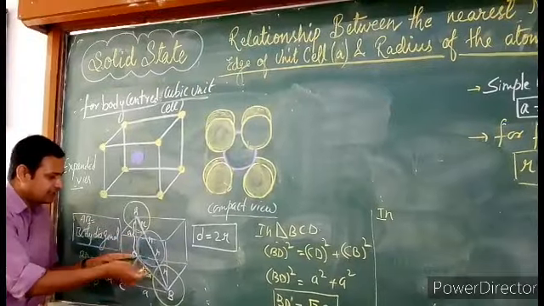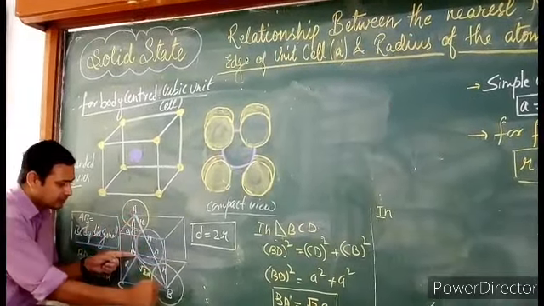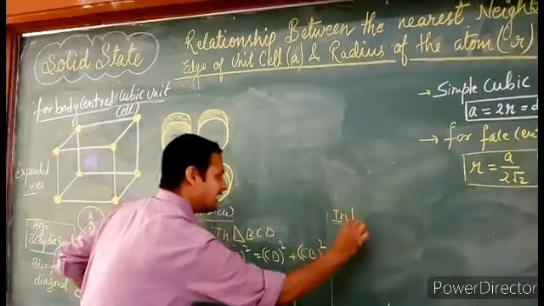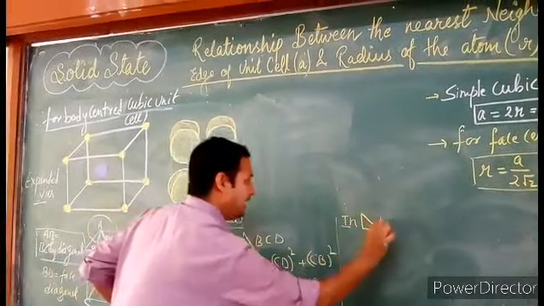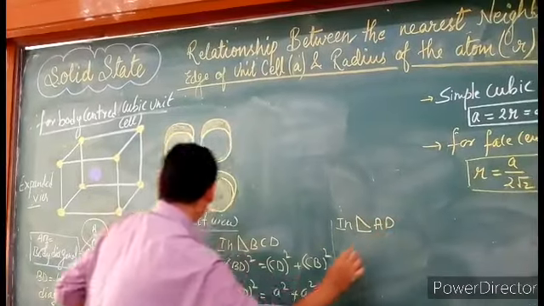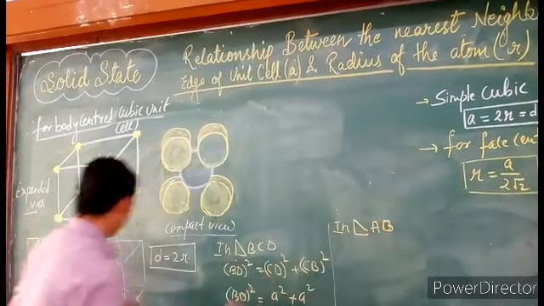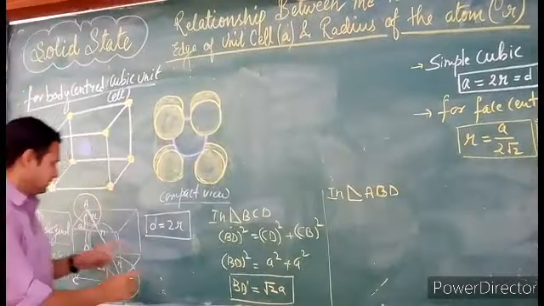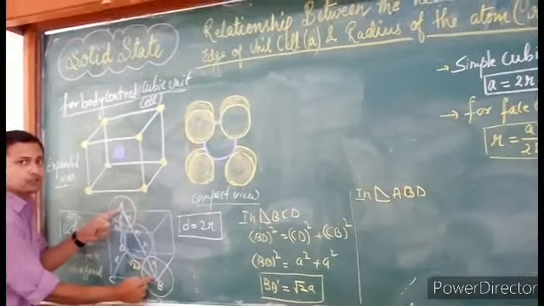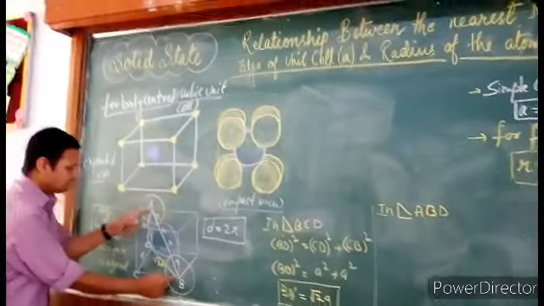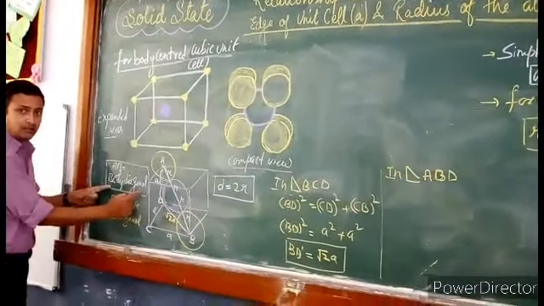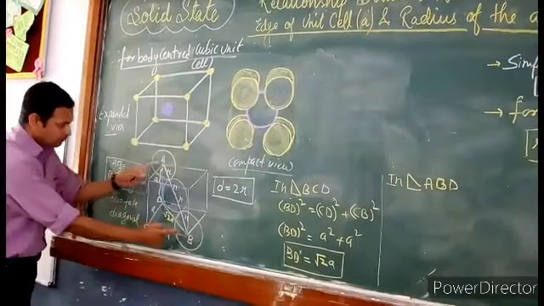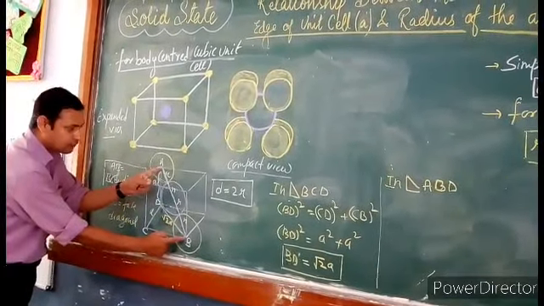So this is a right angle triangle, and AB acts as the diagonal. This diagonal is called the body diagonal.